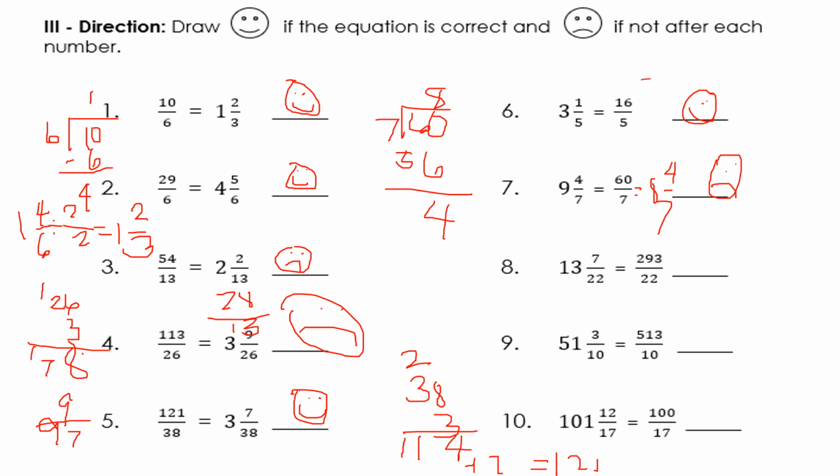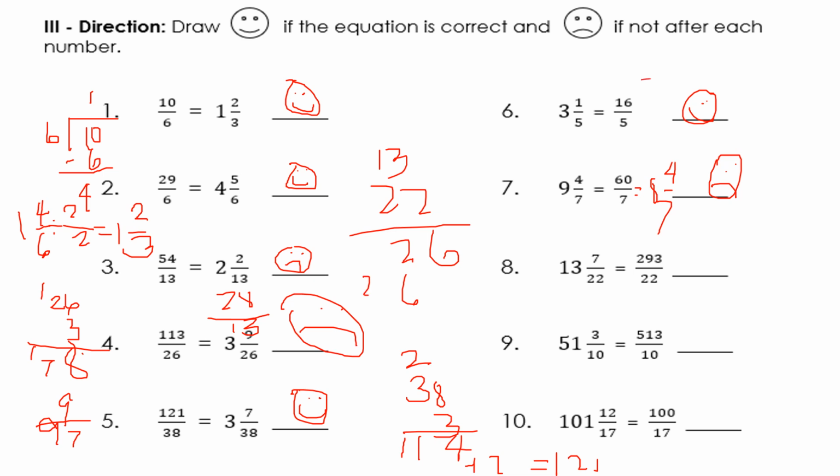Okay, next, number 8. 22 times 13. So let's just erase the other. We got here 13 times 22, 26, 286 plus 4. We got 290/22.